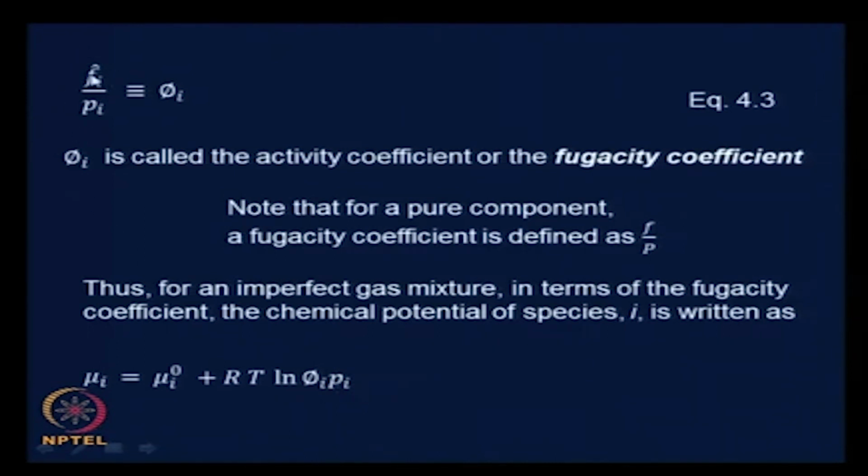We have replaced our f_i hat by phi_i p_i, which can further be written as mu_i naught plus RT ln phi_i y_i P, since partial pressure is nothing but the total pressure times the mole fraction of that component in the gas mixture. We will call this equation 4.4.